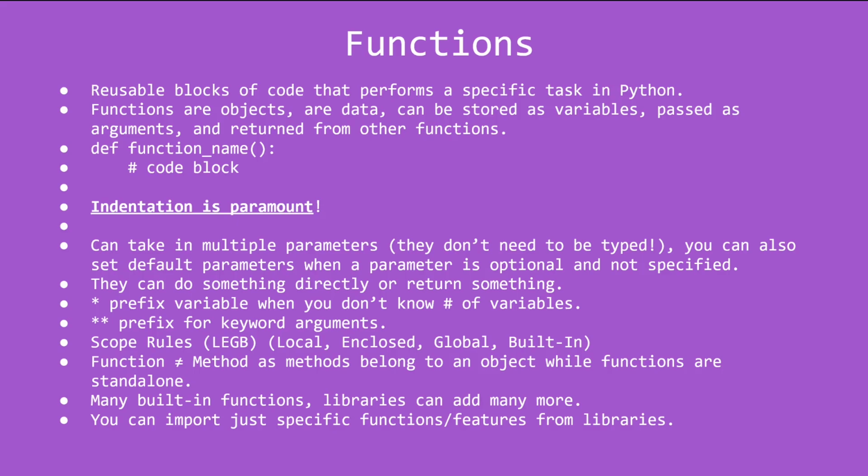Again, a future video, function and method are not the same thing. Methods belong to an object. Functions are standalone, or as I sometimes call them, freewheeling bachelors. There's many built-in functions. Libraries can add so many more. You can also just import specific functions or features from a library. You don't have to import the entire library necessarily in Python, and also in a number of other languages.